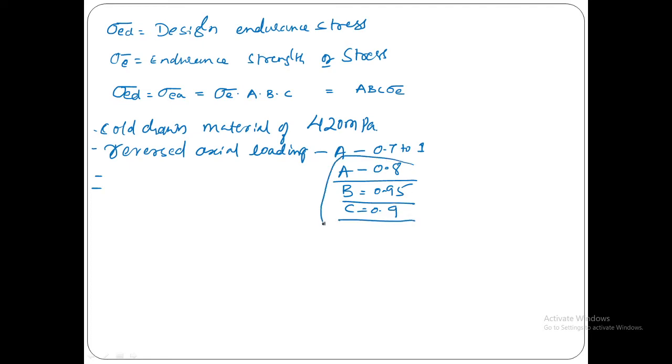Okay. Now let us calculate the allowable value here. A is 0.8, B is 0.95, C is 0.9, and the stress is 420 megapascal. Now, we calculate how much you are going to get here.